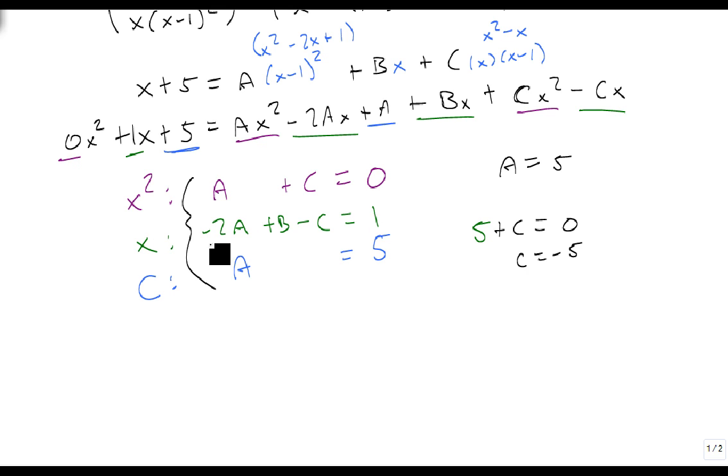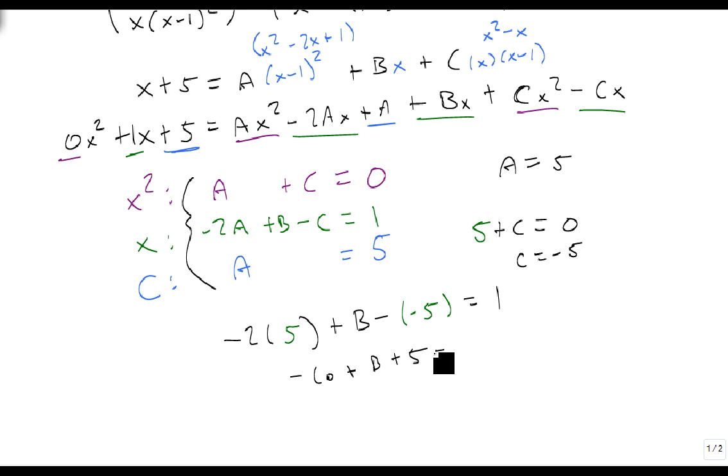Come back to x, and we get minus 2 times 5 plus B minus A, minus 5, is equal to 1. So that's minus 10 plus B plus 5 equals 1, or B minus 5 equals 1, so B is 6.